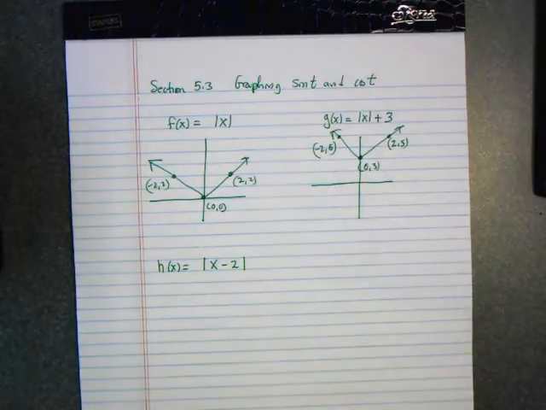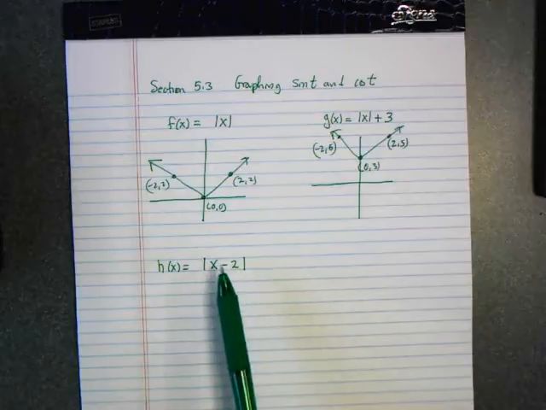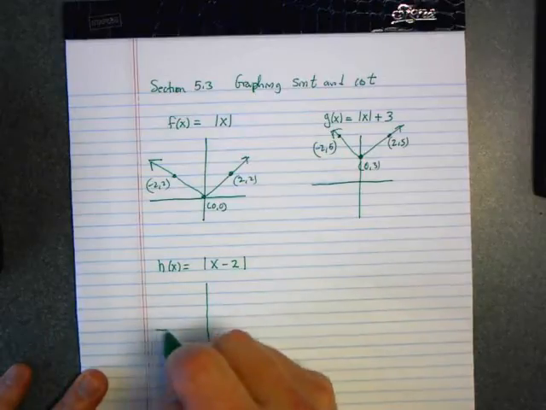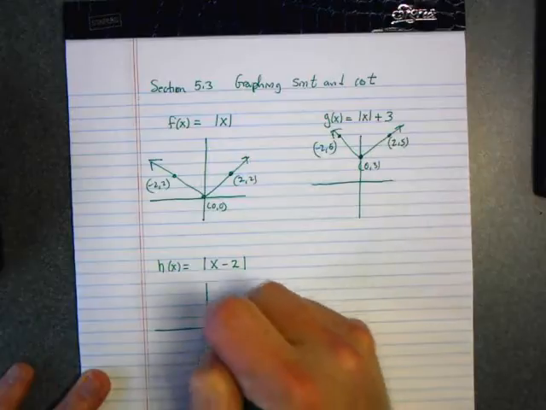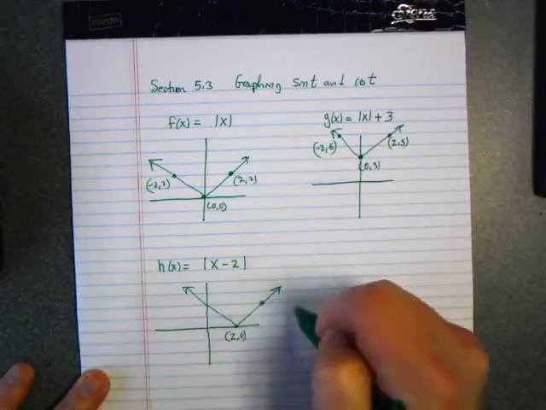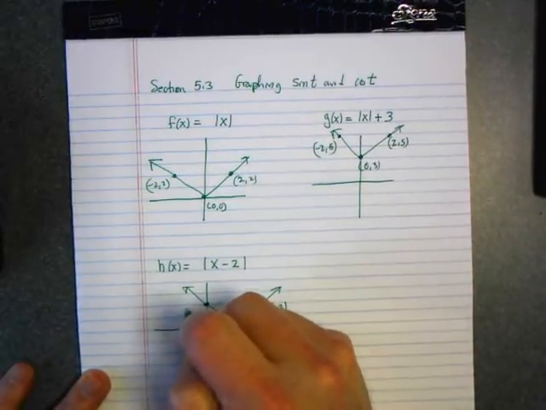Your first guess would probably be a minus sign is going to move it to the left, but you actually saw a minus sign inside the brackets moves it to the right. Okay. So it's now going to look like this, where this is 2, 0. This would be 4, 2. I add 2 to all my x numbers, 0, 2.